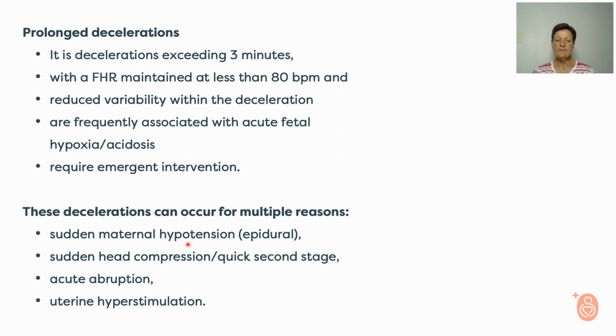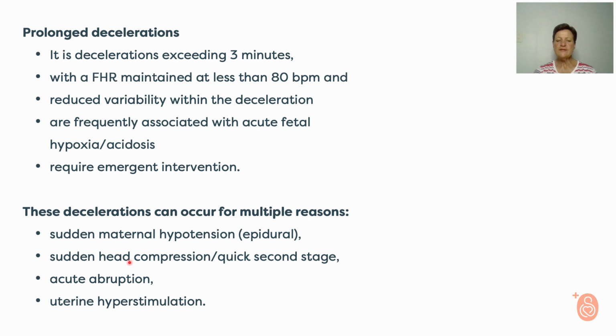It might also be a sudden head compression in a very quick second stage. Remember, we've said there's a lot of parasympathetic nerve endings around the fetal head, so that might cause parasympathetic nerve stimulation and a prolonged deceleration.